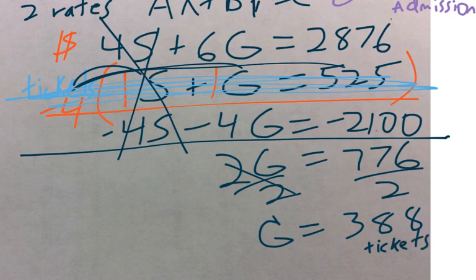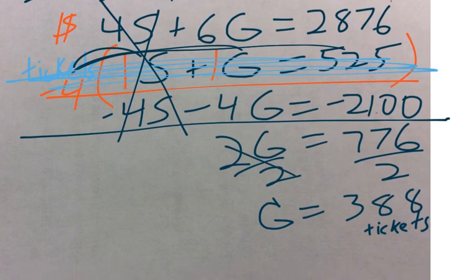So now to find out how many student tickets there were, I'm going to plug my general admission tickets back into this easiest equation. The easiest one was S plus G equals 525.